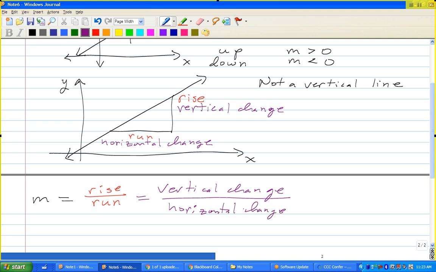These are just different terminology for the same quantities as rise over run.